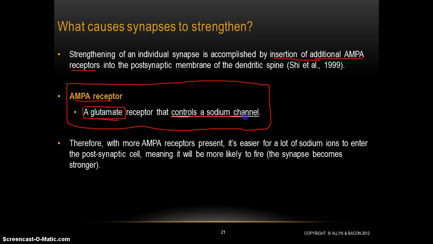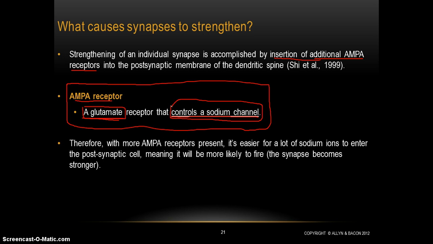That means that when an AMPA receptor has been stimulated, when it binds with a molecule of glutamate, that's going to cause this sodium channel to open up, which is going to allow sodium ions to come flooding inside the cell.